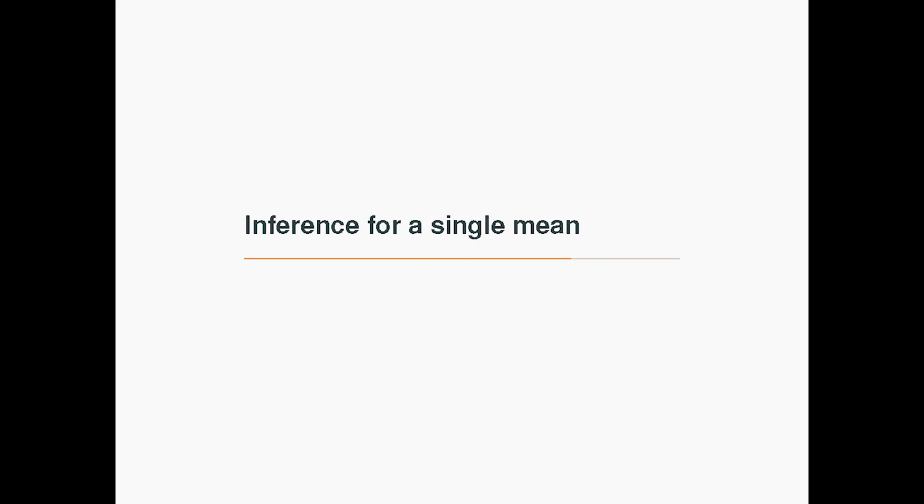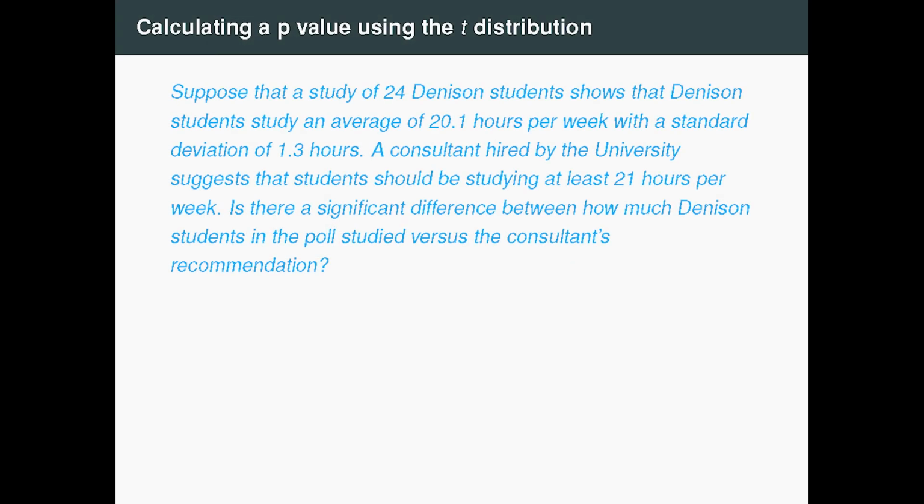Now, let's see how we use a t-distribution when we conduct a hypothesis test on a single mean. Suppose that a study of 24 Denison students shows that Denison students study on average 20.1 hours per week with a standard deviation of 1.3 hours. A consultant hired by the university suggests that students should be studying at least 21 hours per week.